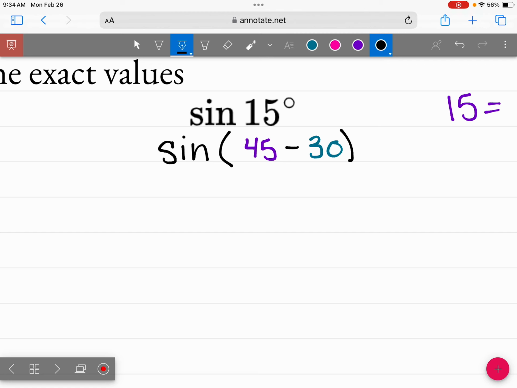I could do 46 and 31, or 50 and 35. There are a lot of different ways I can do it. The reason I picked these is that I know 45 and I know 30. Those are two pieces of the unit circle.